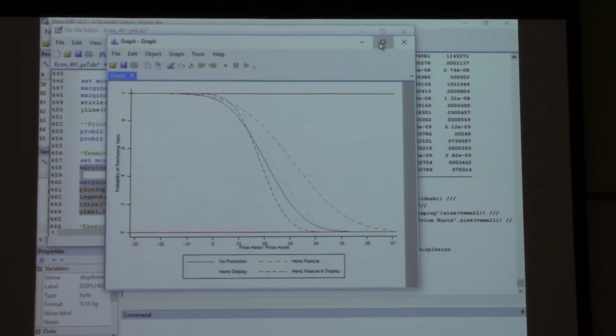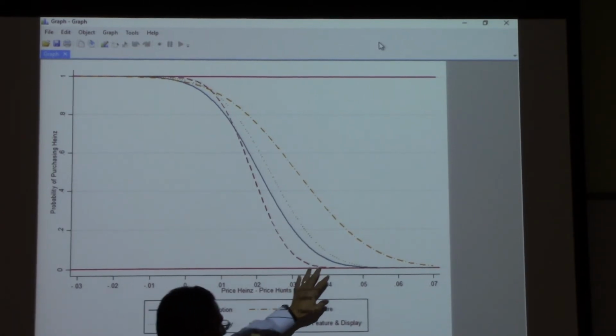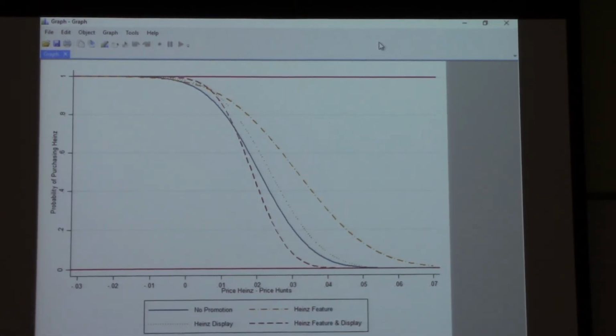So what do we see here? We get a different perspective. Interestingly, again, the promotion effects by Heinz, holding all of the promotions by Hunt's constant at 0, have their bigger effects when the price of Heinz is more expensive.